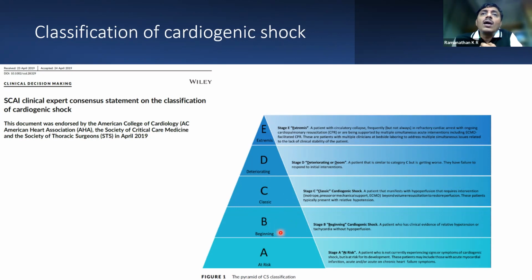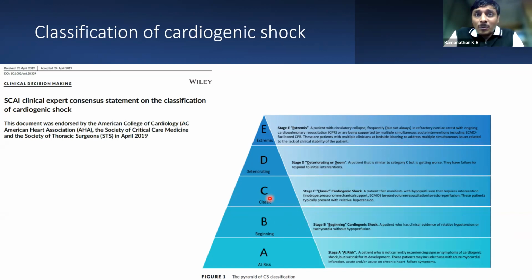Now, once the patient goes into classic cardiogenic shock, he definitely manifests with signs of hypoperfusion. And this hypoperfusion will definitely need intervention. So it is this stage where we are looking at further interventions like use of inotropes or mechanical cardiac support, in addition to, say, judicious volume resuscitation.